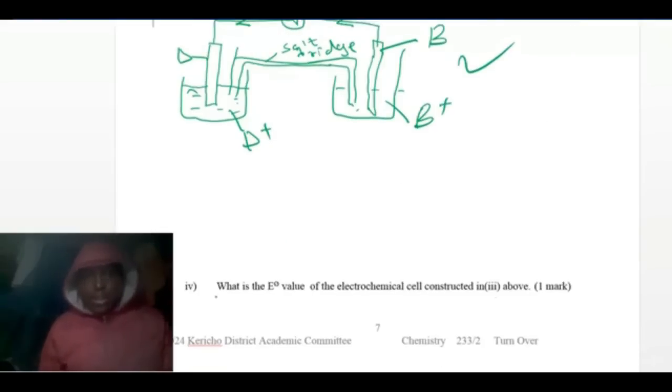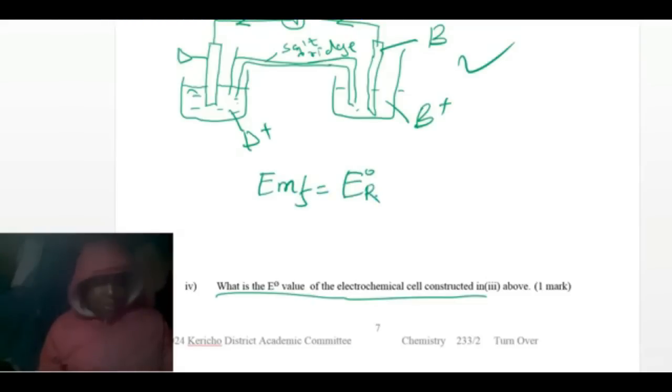The next question is to calculate the EMF for the cell above. So EMF is equal to E standard of reduction minus E standard of oxidation. We have said which one will undergo oxidation. B will undergo oxidation, D will undergo reduction.